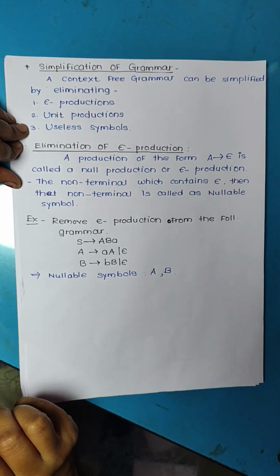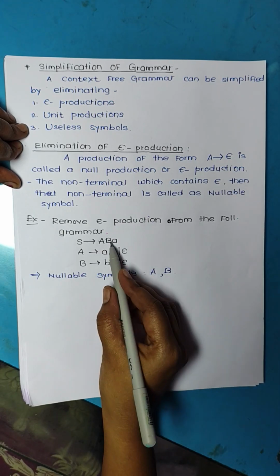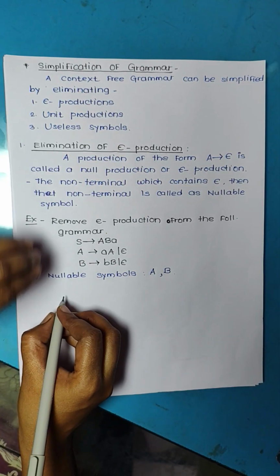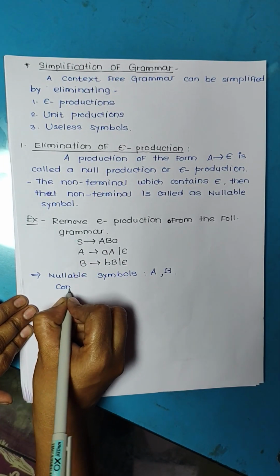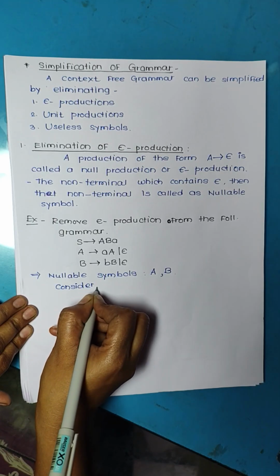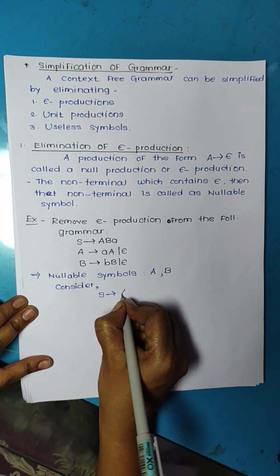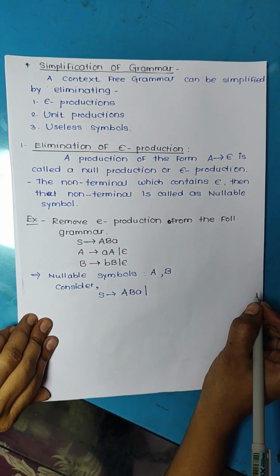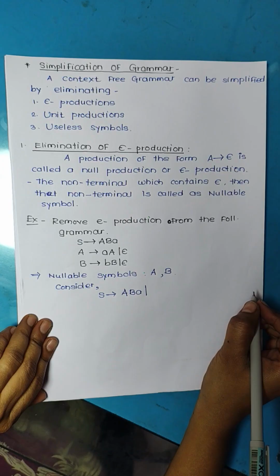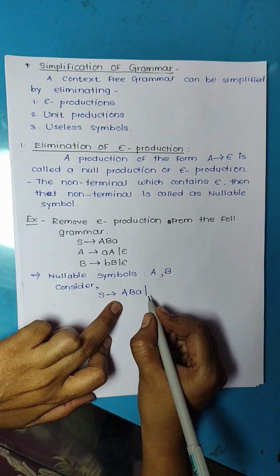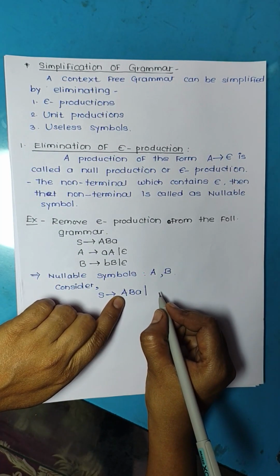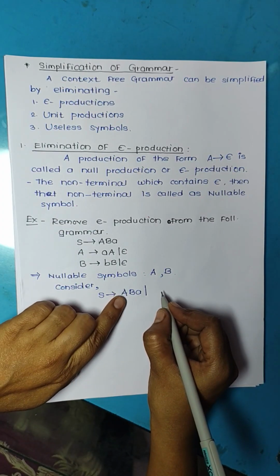So now we have to remove the nullable symbols from the given grammar. First of all consider the production of the starting non-terminal, S gives A. In this step we have to add the new productions by eliminating nullable symbols. First we write the production A. Then A is a nullable symbol, so instead of A we put epsilon.